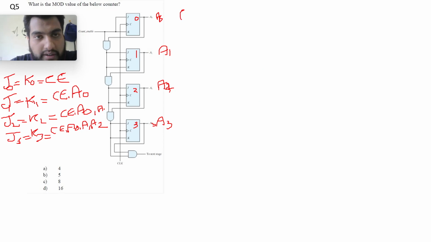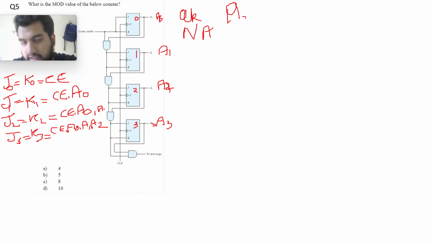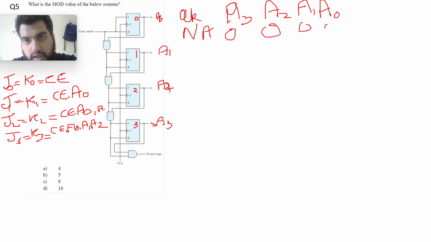Now let me write the clock here. This is the first clock and this is the initial state. My initial states, let's write the MSB first: A3, A2, A1, A0 are 0, 0, 0, and I don't know anything about J and K. Now when the first clock pulse comes, since they are positive edge triggered, that's why I've shown this label.